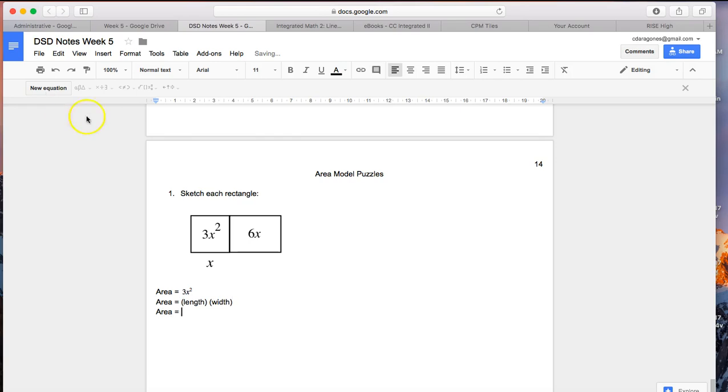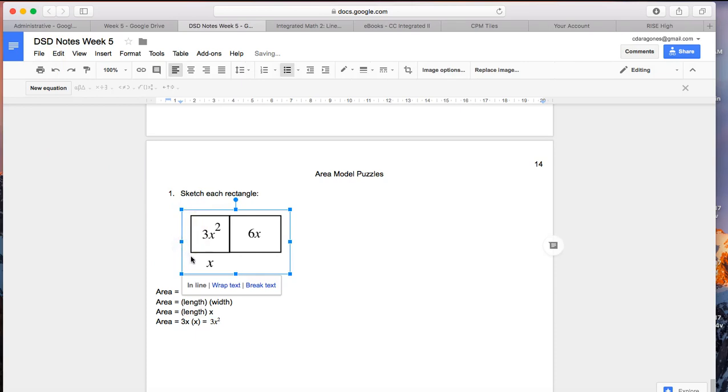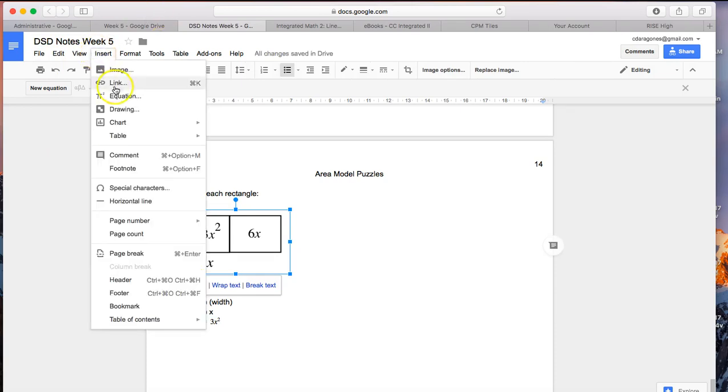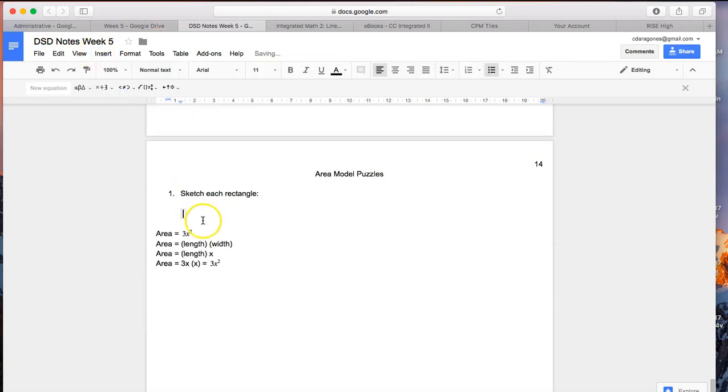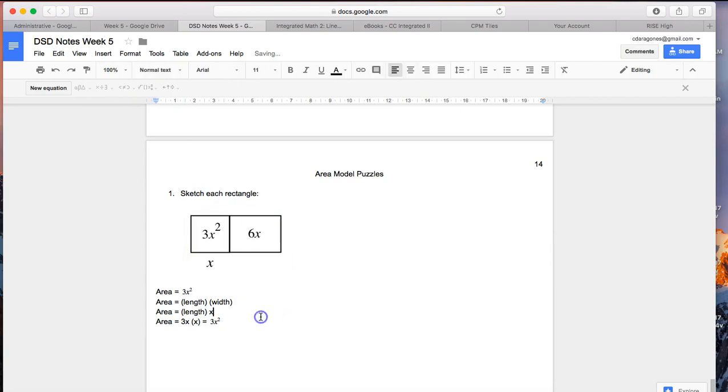And we know the width is x, that's given to us. So we're missing something that will result in 3x squared. To make that 3x squared, we need to multiply x with 3x, because then I would get 3x squared. So we know that this missing side right here is 3x.